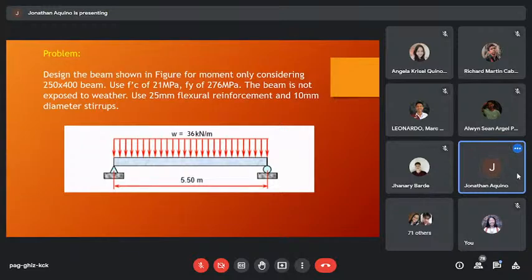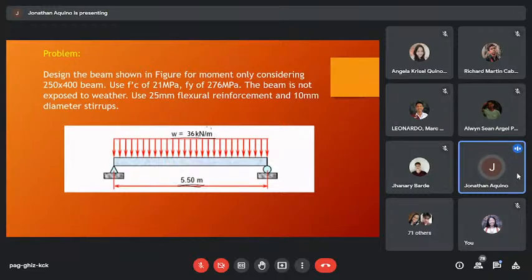Okay. So let's try this sample problem. This one is a design problem wherein a simply supported beam with a span length of 5.5 meter and total load of 36 kilonewton per meter.